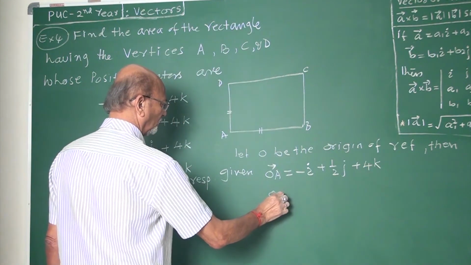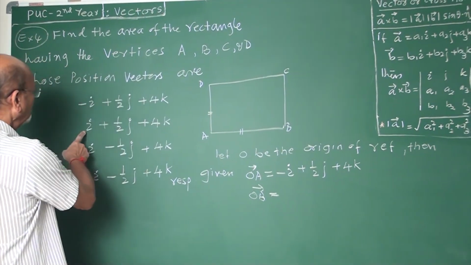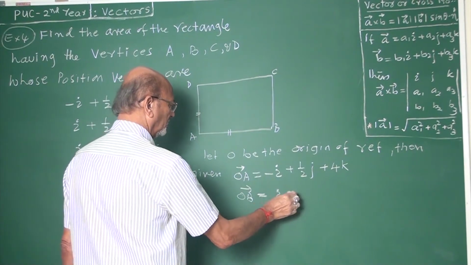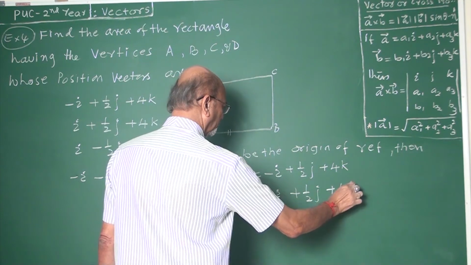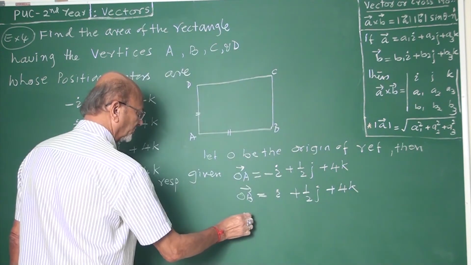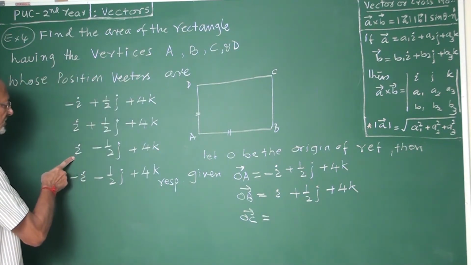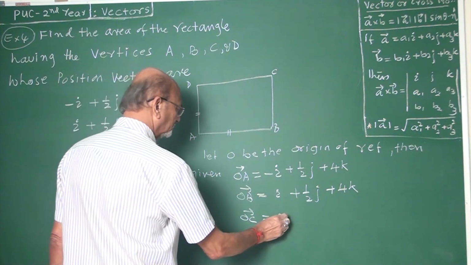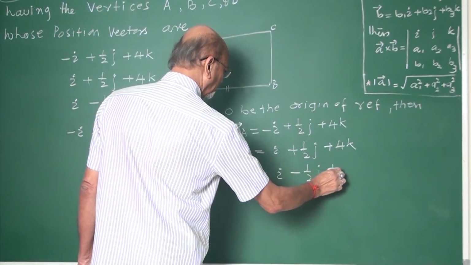Second vertex OB is i plus half j plus 4k. OC, the third vertex, is i minus half j plus 4k.